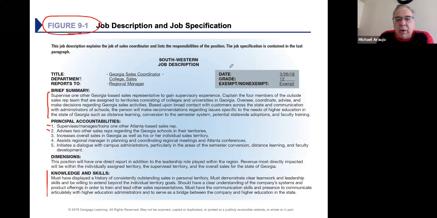Okay. One thing we are going to be talking about is in the gray box here, the concept of being either exempt or non-exempt and what this means. We're going to get to when we talk about compensation in a moment.